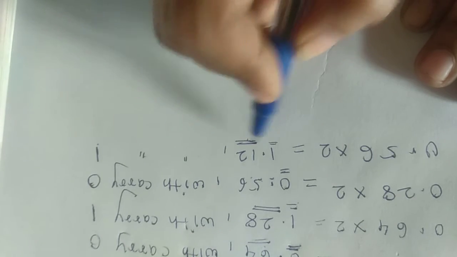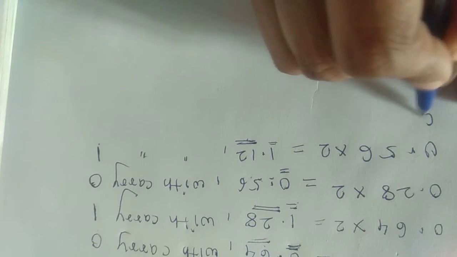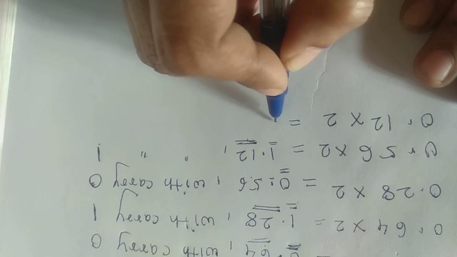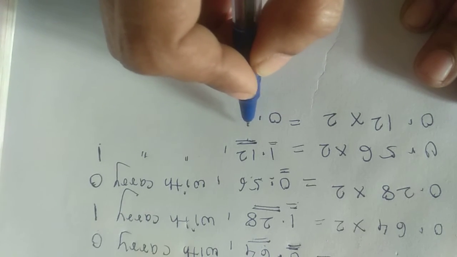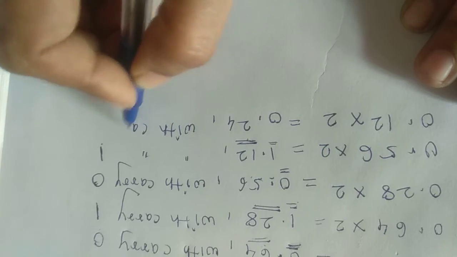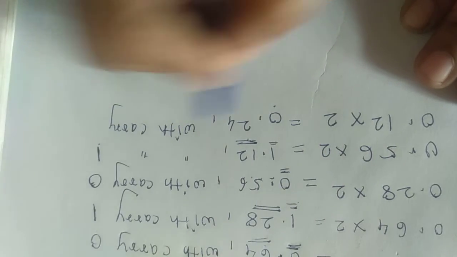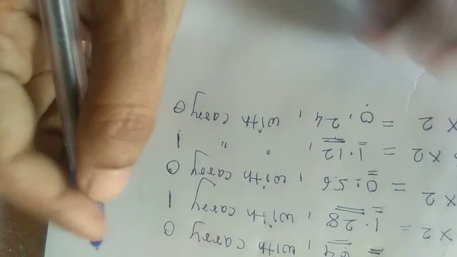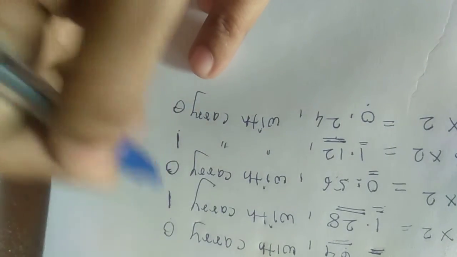Now for the next multiplication, take 0.12 into 2. This will be 0.24, with carry 0, since the integer part is 0.